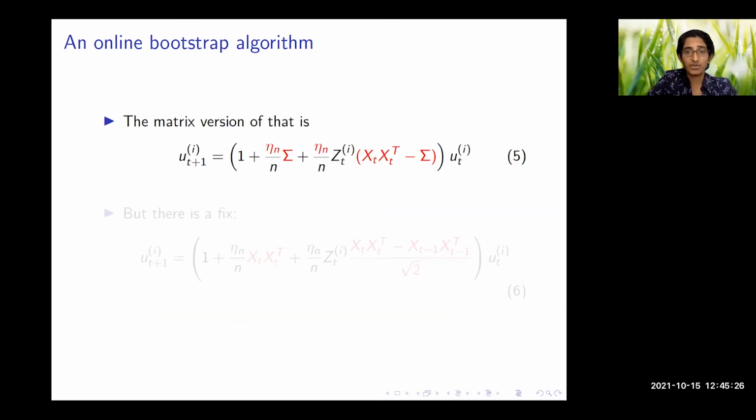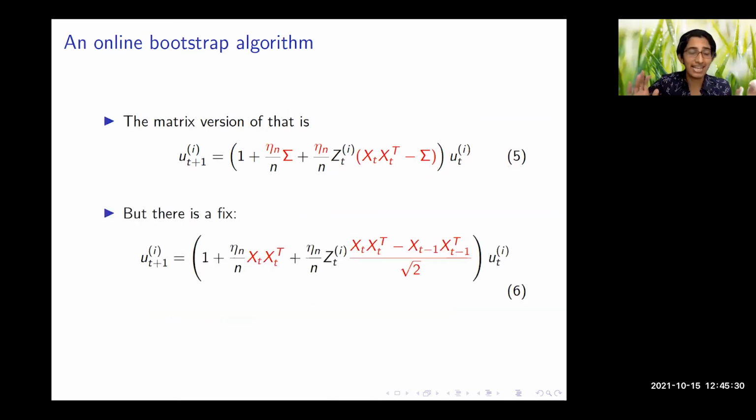So what we did was a very simple fix. We said, well, you know what, this sigma thing is pretty well estimated by this xt. Well, not well estimated, but on average it has the same expectation as xt transpose. Let's plug that in. Instead of looking at xt transpose minus sigma, because I don't know my sigma, plug in the xt minus 1 transpose.